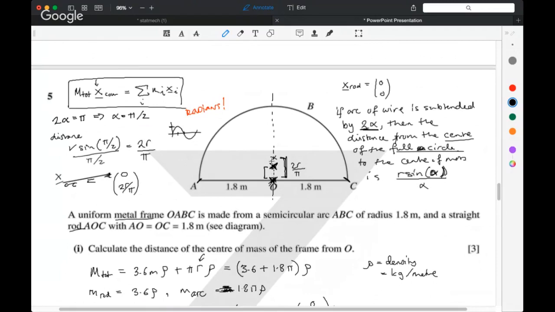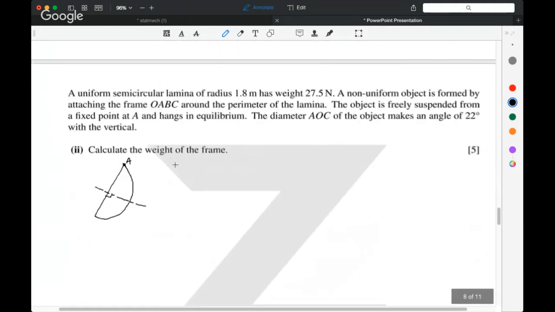So only the y coordinate will change, sliding up or down this line, somewhere here. And that is going to be directly below the point of suspension. They're asking, what is this angle here?